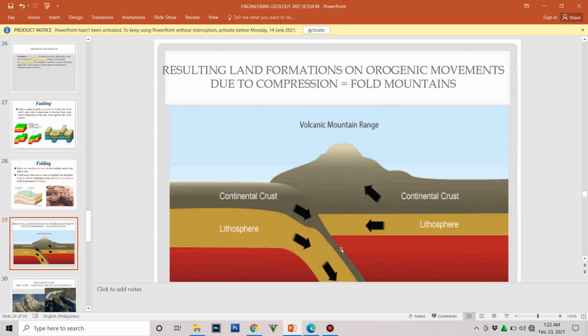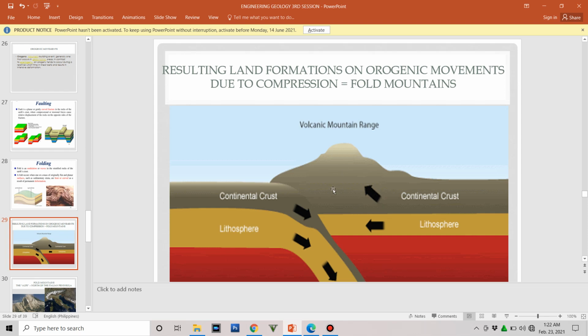At the same time, mayroong exit ng hot material dito, will tend to melt your material, and then it will go upwards, and then eventually it will exit. So kaya nga, let us note here that fold mountains normally is a volcanic mountain range.